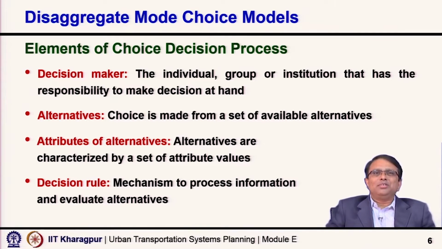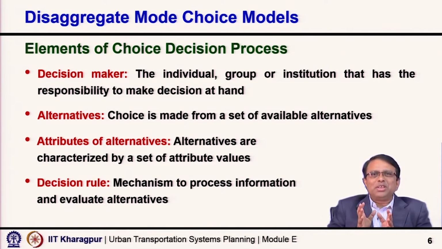And finally, in this whole context, the decision rule: the mechanism to process information and evaluate alternatives, because all these alternatives and their attribute levels are evaluated and considered by the individual, and then finally a decision is made.